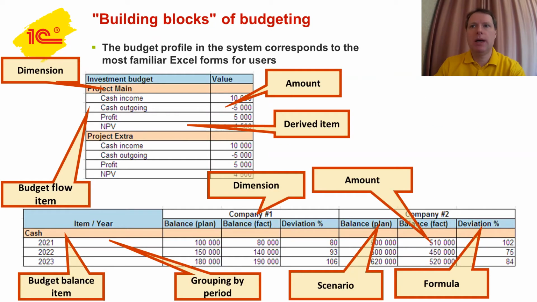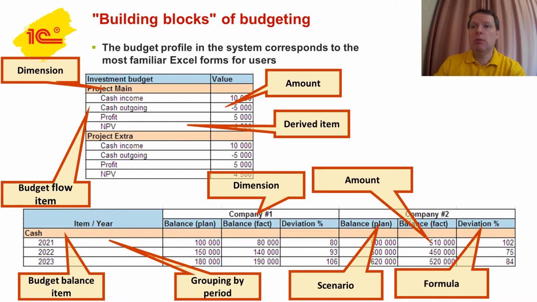Let's see what the budgets consist of, the building blocks of budgeting. First of all, it needs to be said that usually budgeting is done in Excel without any automation tool or system. The major part of budgeting users are familiar with the abilities of Excel, so we designed our solution to look like Excel. Here there are different types of tables, with different positions of dimension and budget item in them.